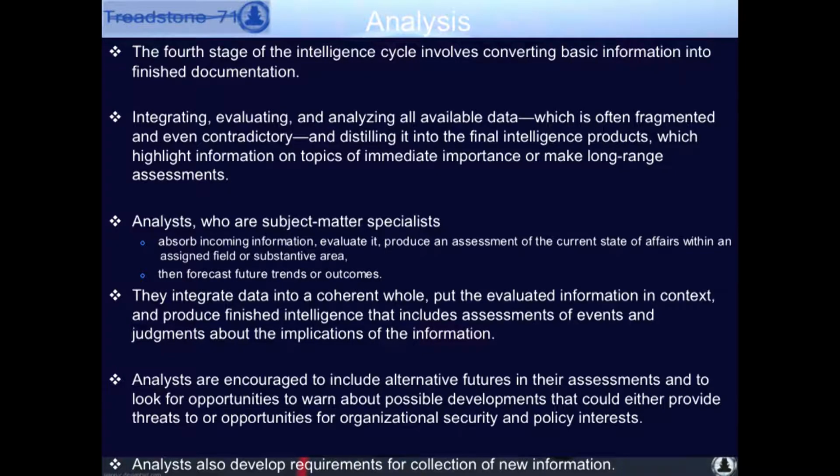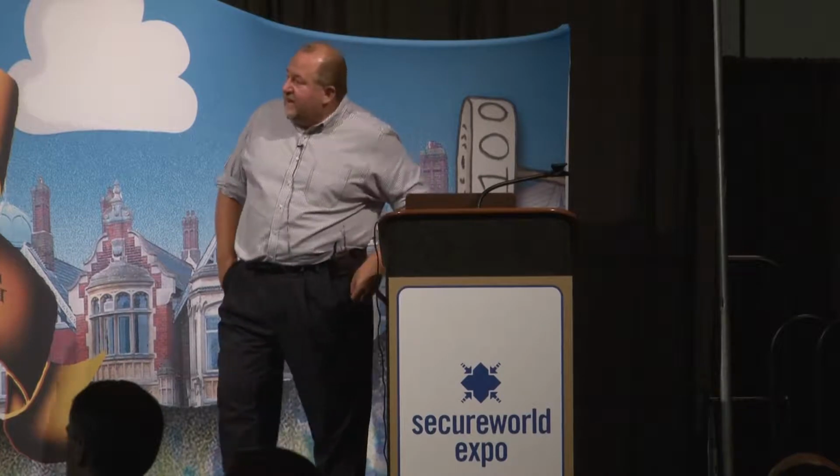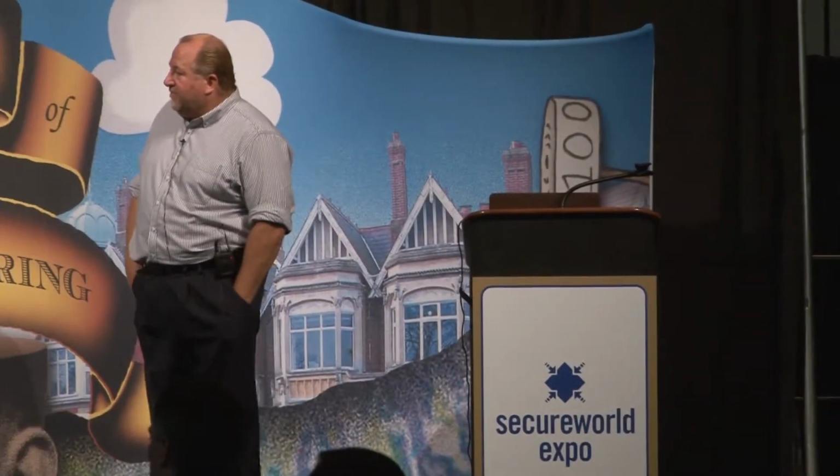You've got the analysis stage, the most difficult stage of all, where you've got to evaluate all this information, look at competing hypotheses, make sense of it, make sure the reliability and credibility is there, the relevancy is there, keeping in mind your 5 tenets, as well as your 9 axioms from Sherman Kent along the way. And you've got to really have sometimes subject matter expertise and specialists, maybe of a Middle Eastern type, Soviet Russian, or Chinese, to make sure that you really can focus on the information and understand it, and then develop further requirements from it.